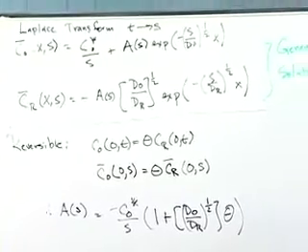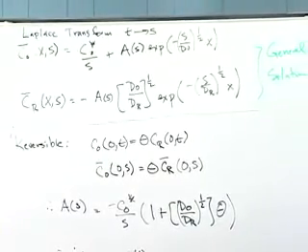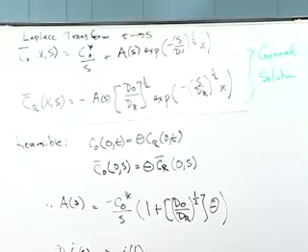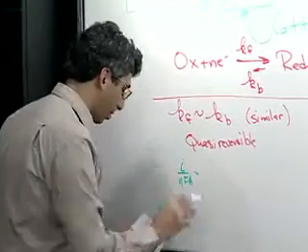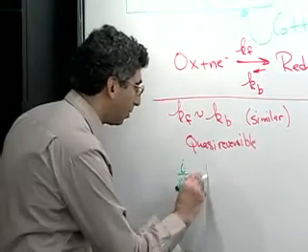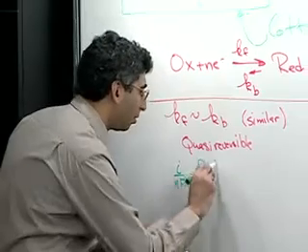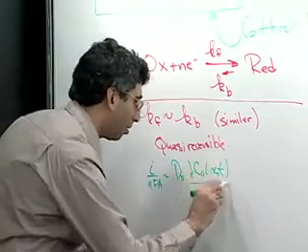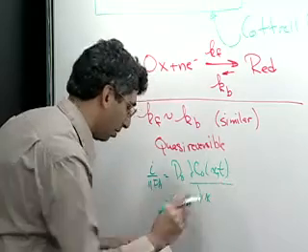Now I have to pick a new boundary condition, and this is what we were just discussing, really. My boundary condition now is going to be that the current density is now dependent on time.